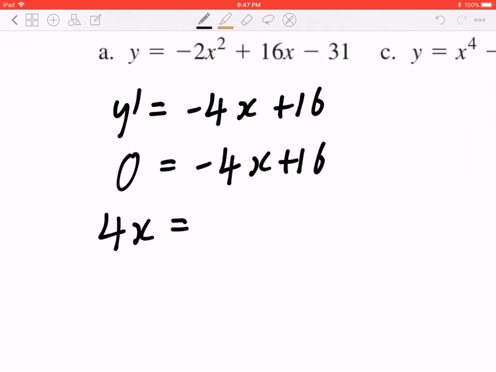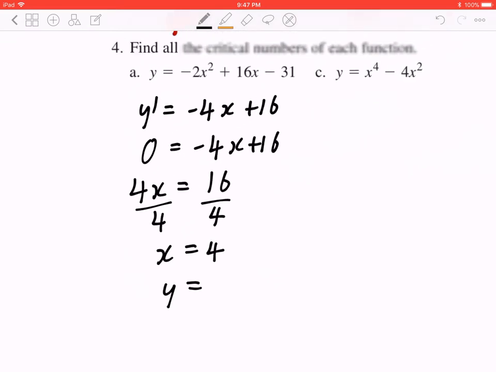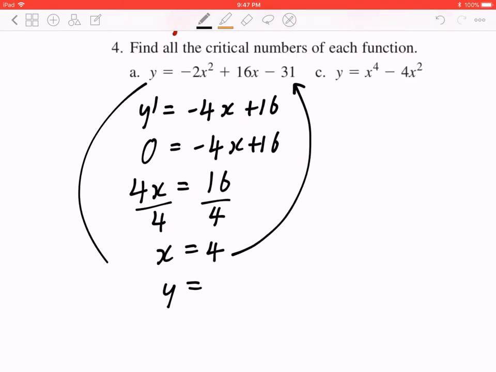When you bring negative 4x to the left, that becomes positive 4x. The opposite of multiplying by 4 is to divide by 4. Again, form the habit of finding the actual point, not just the x value. You can take the calculator. When you work it out, y is going to be 1. So the critical point is going to be located at 4, 1.